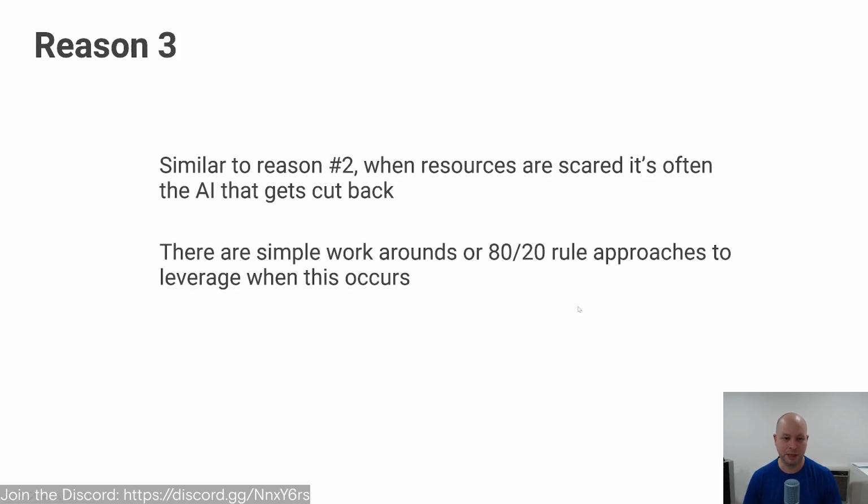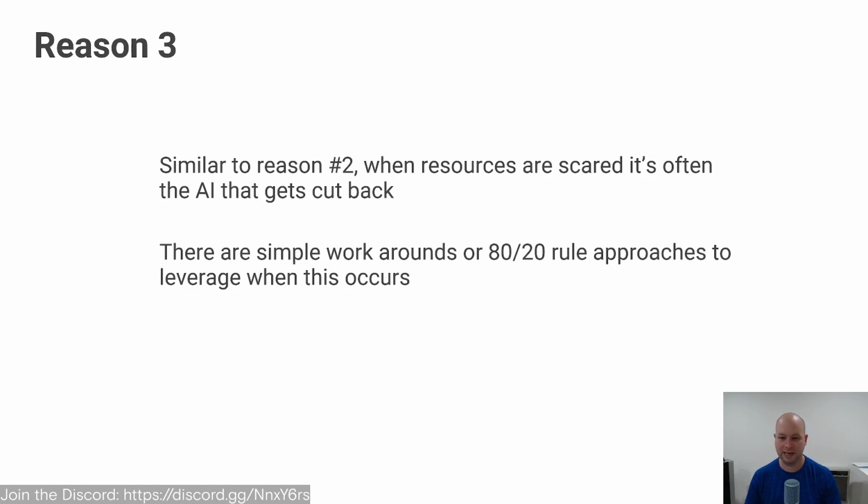Sorry for the typo. But resources are scarce, and often AI, and AI is not the only thing that gets cut back, right? You just kind of deal with a sort of 80-20 rule where only 20% of a product tends to deliver about 80% of the value to the end user.